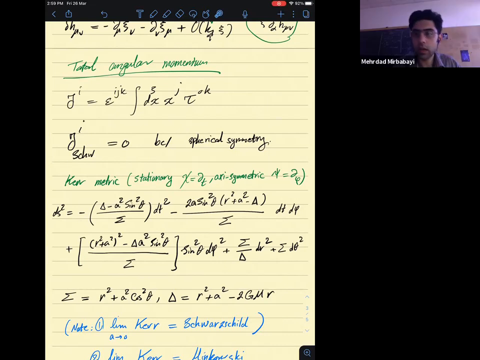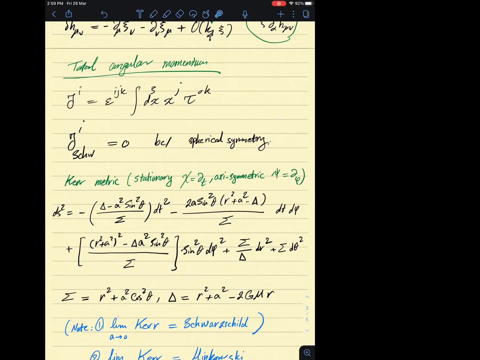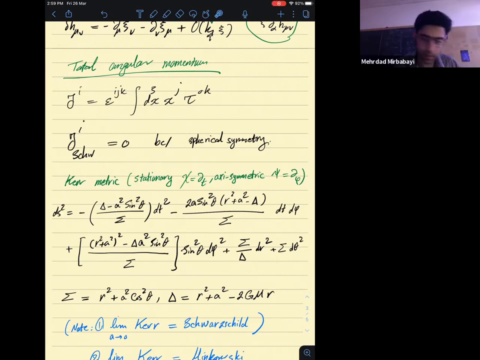Well, I don't think I can give a very good answer to that. I'm going to say some things that might make it a little bit more intuitive, but I cannot point to something that is actually rotating in here. It's a spacetime, a vacuum solution. Exactly because it's a vacuum solution, I cannot point to something that is rotating.